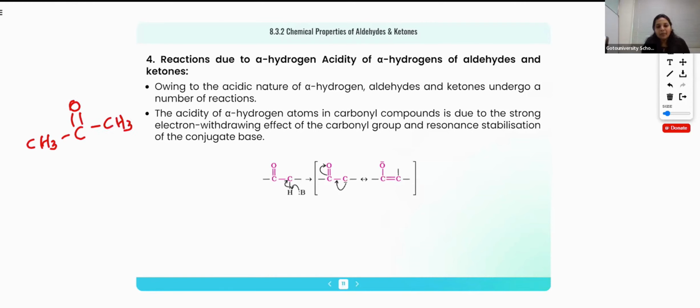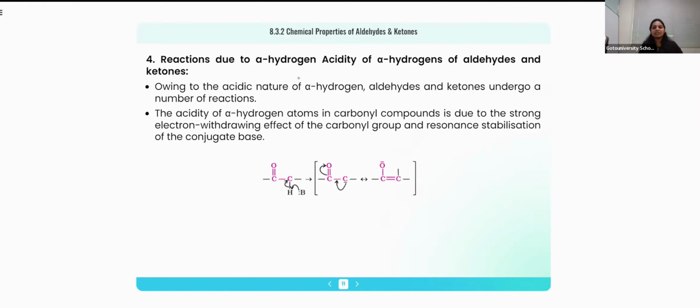So alpha means this carbon is called alpha carbon, and the hydrogen connected to this carbon is called alpha hydrogen. This is also alpha. Understood? The carbon next to the functional group is called alpha carbon, and the hydrogen connected to that carbon is called alpha hydrogen. So here we have 3 alpha hydrogens, here we have 3 alpha hydrogens. Got it? Yes. So don't be confused about the term.